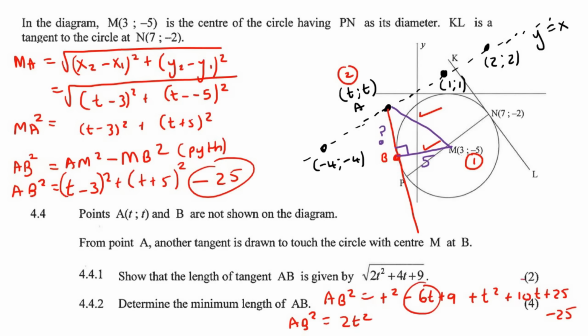And then minus 6T plus 10T would give us a positive 4T. And then a positive 9. And that's exact. And then to get AB alone, of course, we would take the square root. So AB would then be square root of 2T squared plus 4T plus 9. And there's what they wanted.